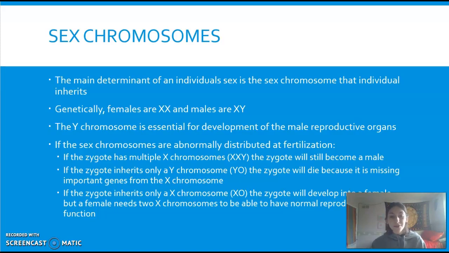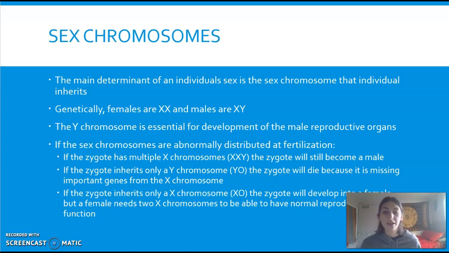Sometimes the chromosomes don't always get distributed equally, so if they're abnormally distributed at fertilization, there's a few scenarios of what can happen. If the zygote has multiple X chromosomes as an XXY, the zygote will still become a male because it has the Y chromosome.